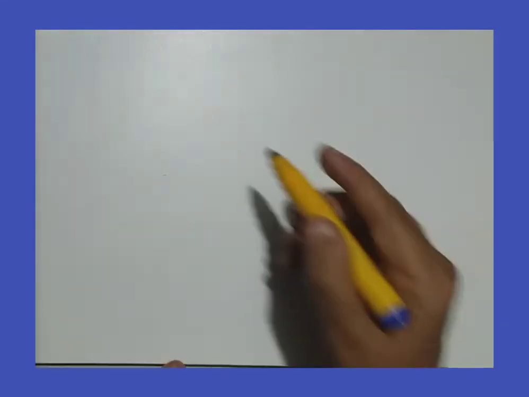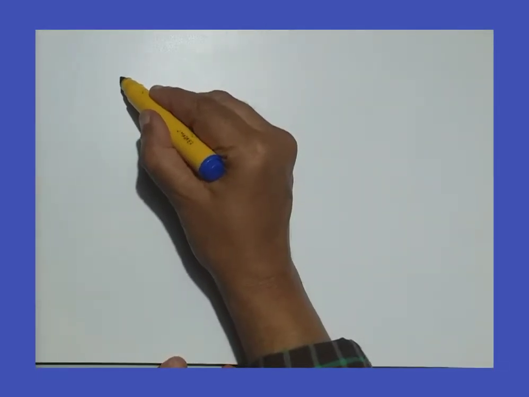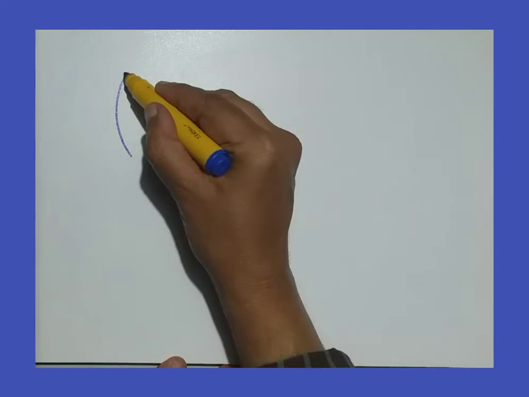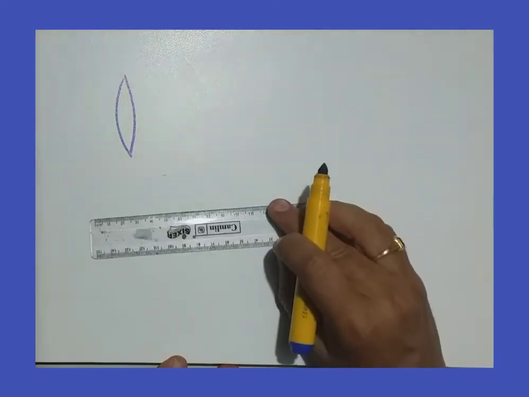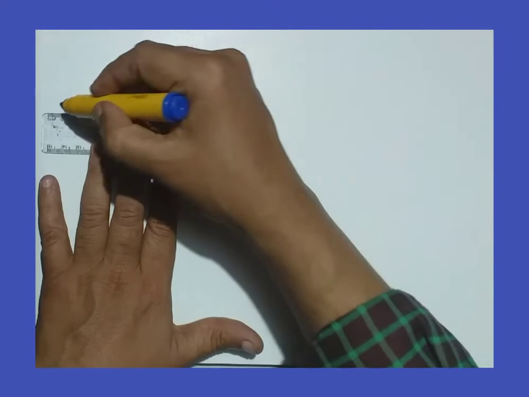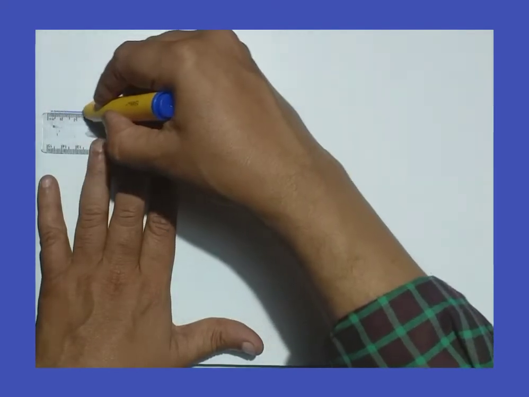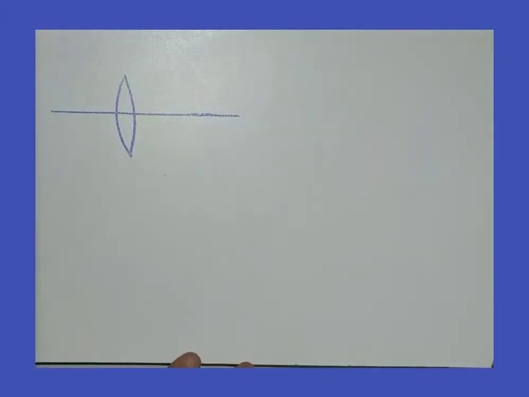First of all, we consider a convex lens like this. The line passing through the poles of the 2 surfaces may be called the principal axis here, like this. This is the principal axis.